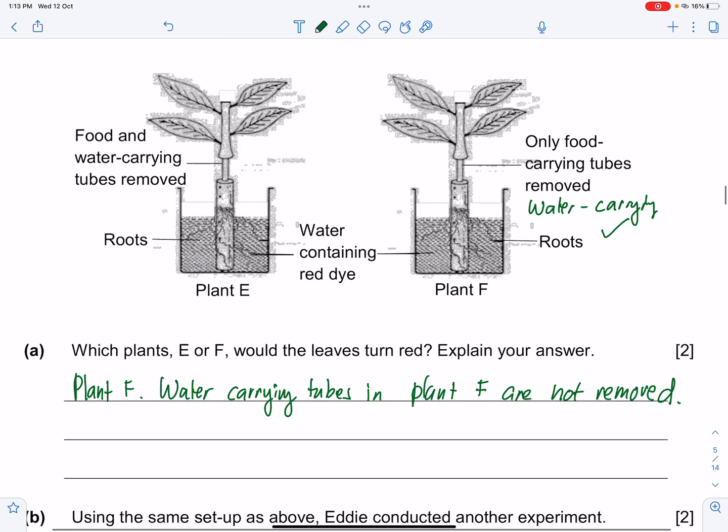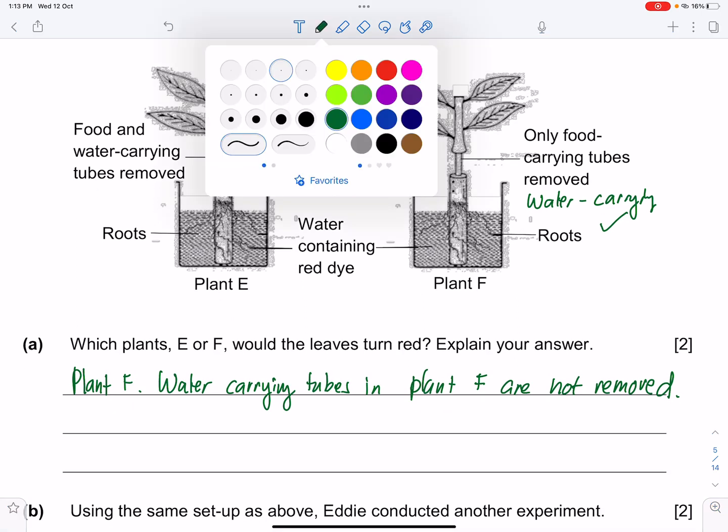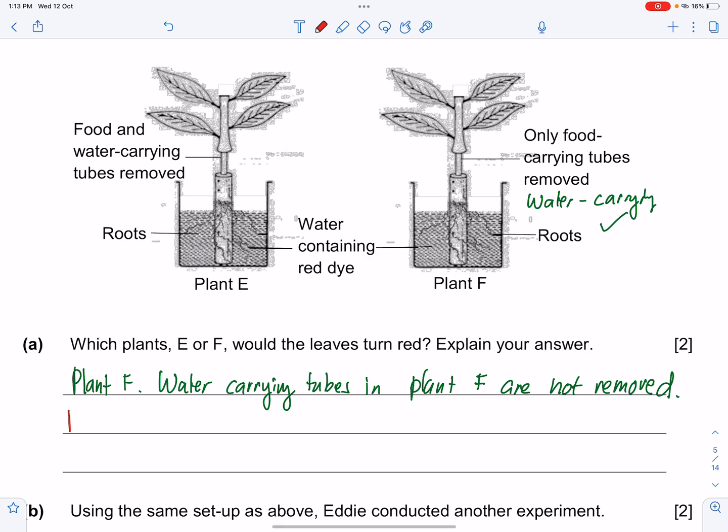Then after that, the next point you have to tell me would be red dye could still be transported from, okay, the roots to the leaves.